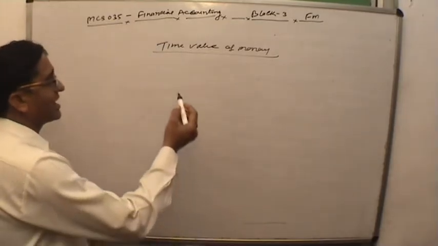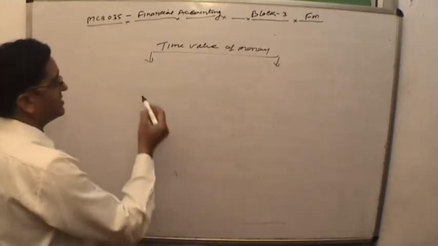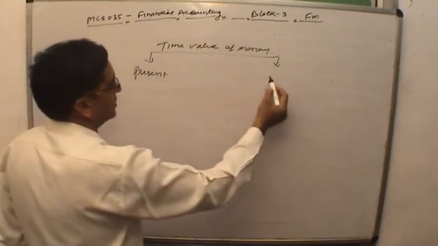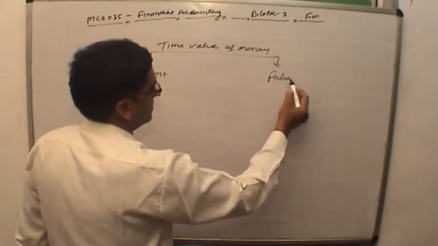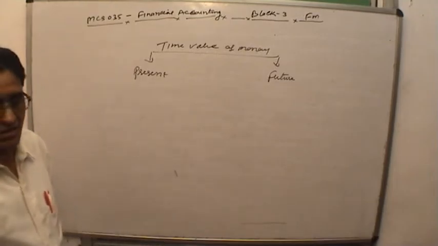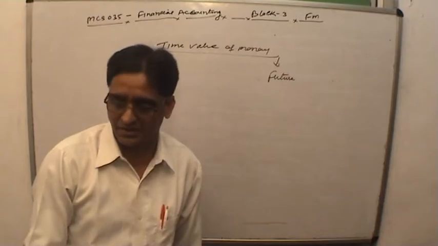Under time value of money, we think about two parts. One is the present, another is the future. There are two times at which we want to determine the purchasing power or value of money.